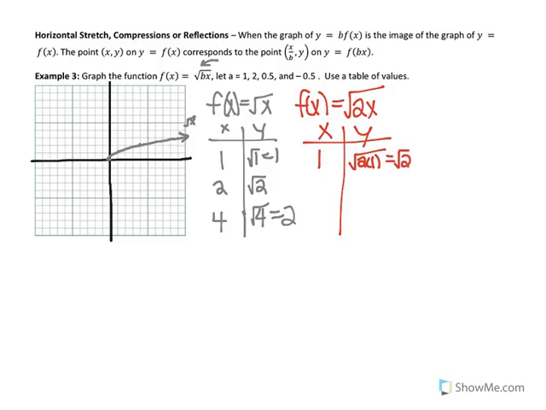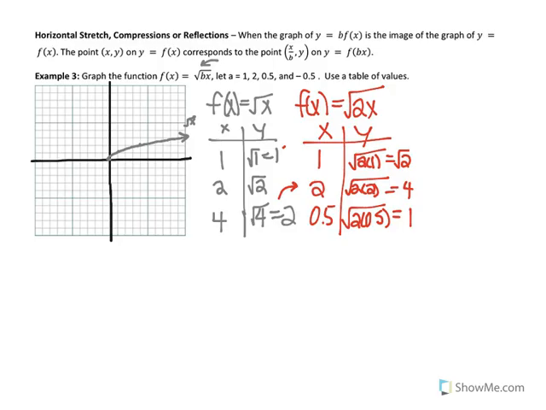If I plug in a 2, I get the square root of 2 times 2, which is 4. So this point is right there. That's kind of handy. And let's see if we can make this point up here. If I plug a 0.5 in, the square root of 2 times 0.5 is the square root of 1. So that's how I could make those related points.